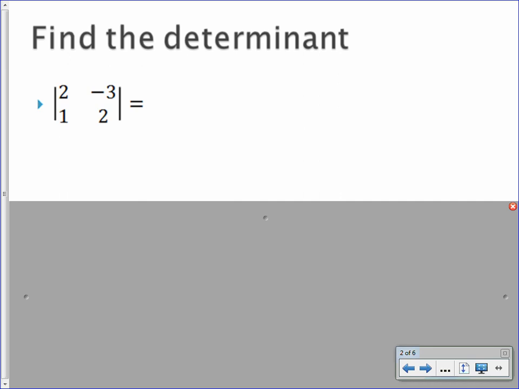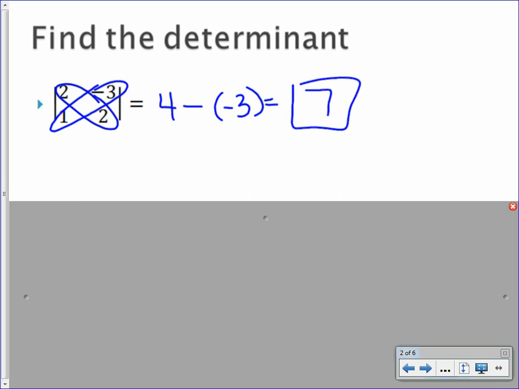How do we find this determinant? Help me out. Criss minus cross. So we have 2 times 2 minus 1 times negative 3. So what is our determinant? 7. Right, that's it.